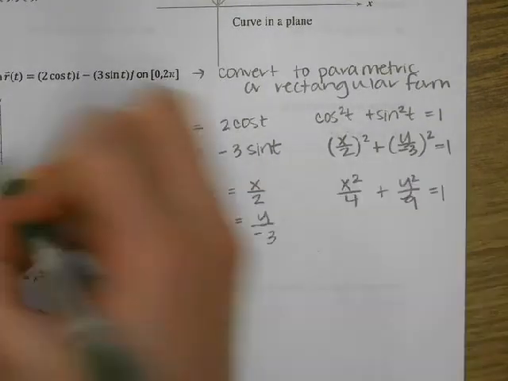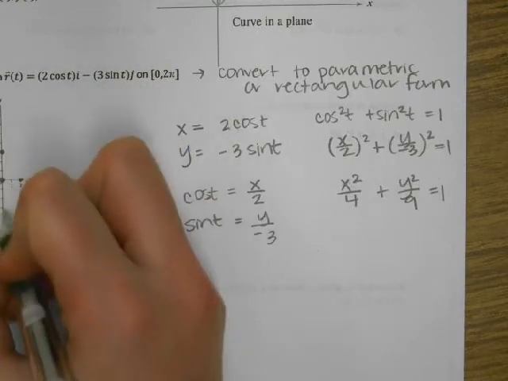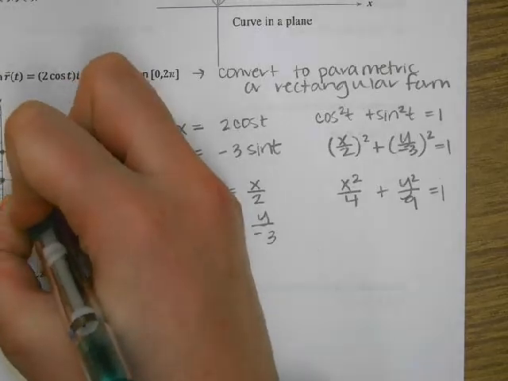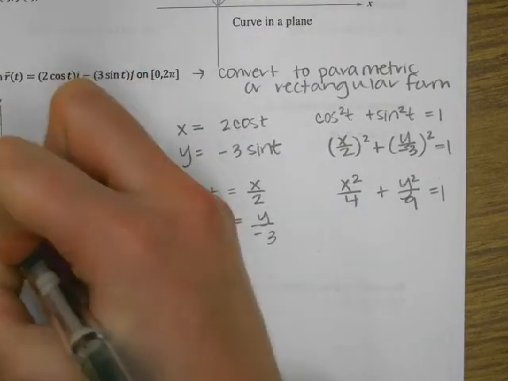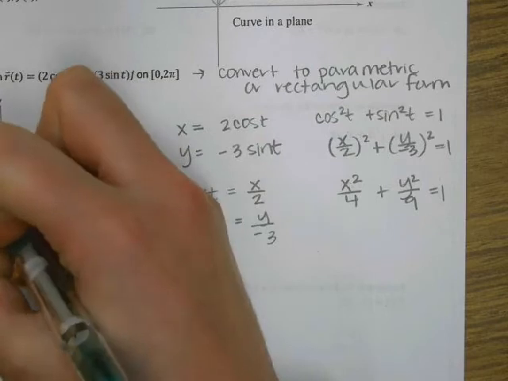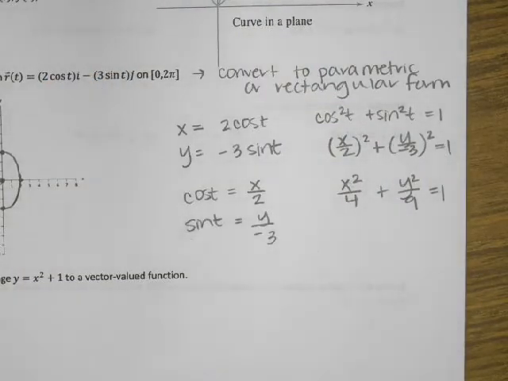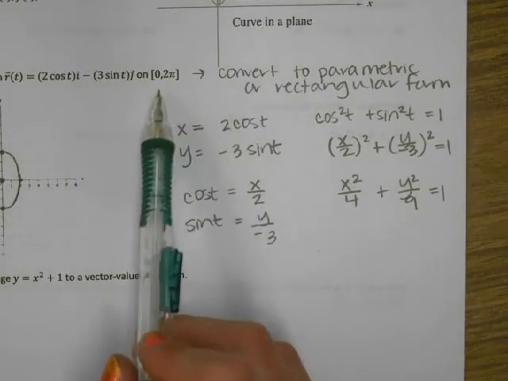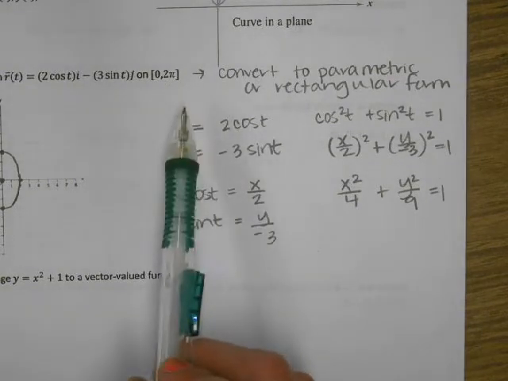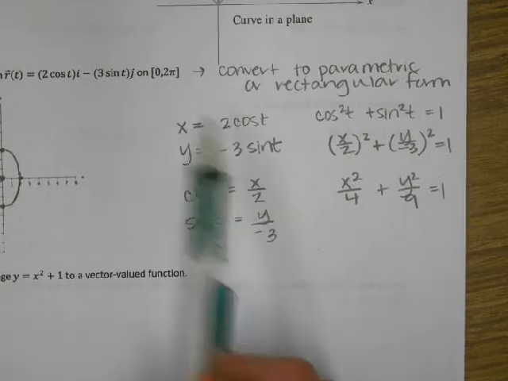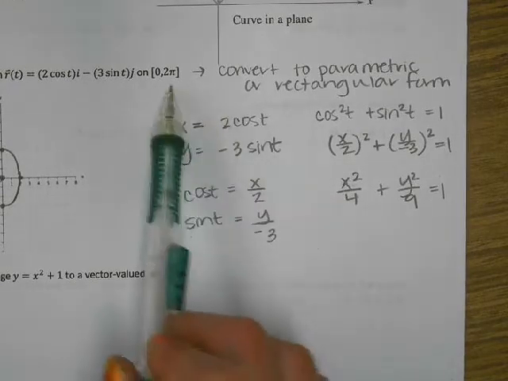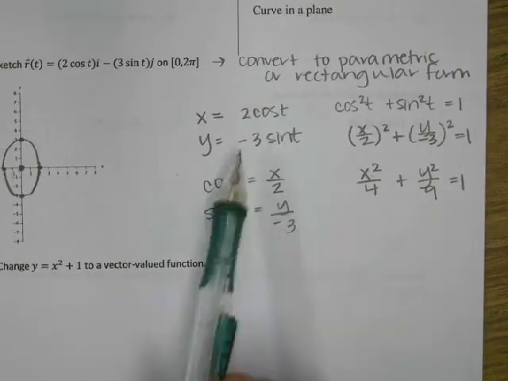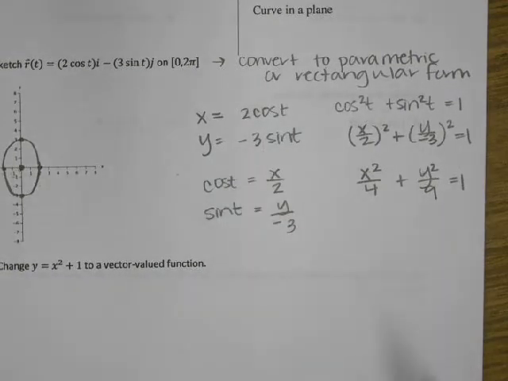And from the center, you go up and down 3. If you were doing this from the parametric equation and you were trying to choose values for t, I would probably use 0, pi halves, pi, 3 pi halves, and 2 pi because those would be points that would be easy to plug into these equations and then also easy to graph.